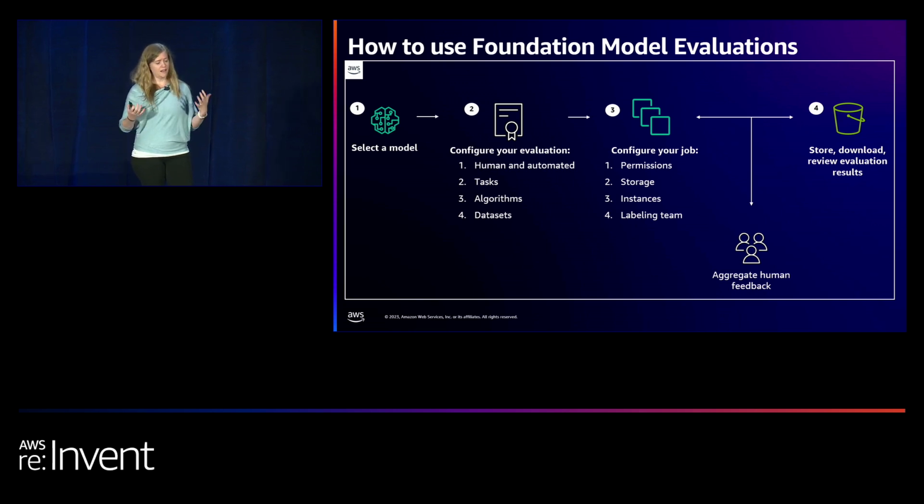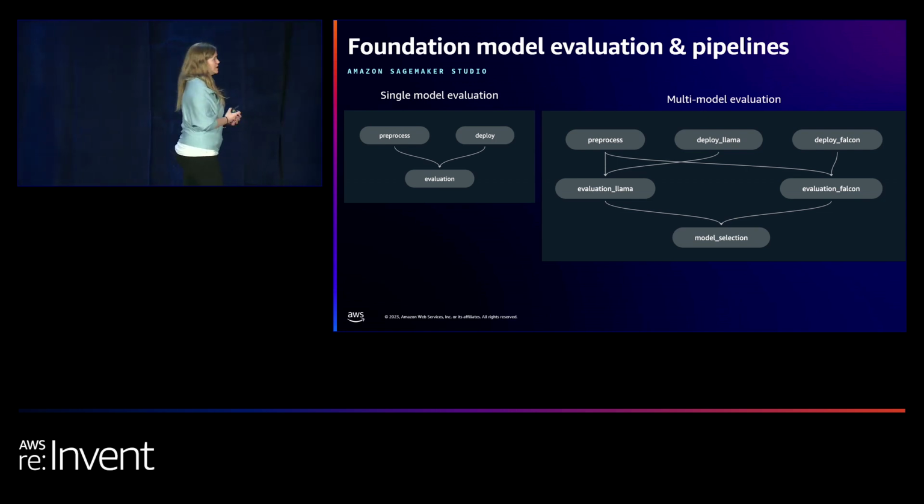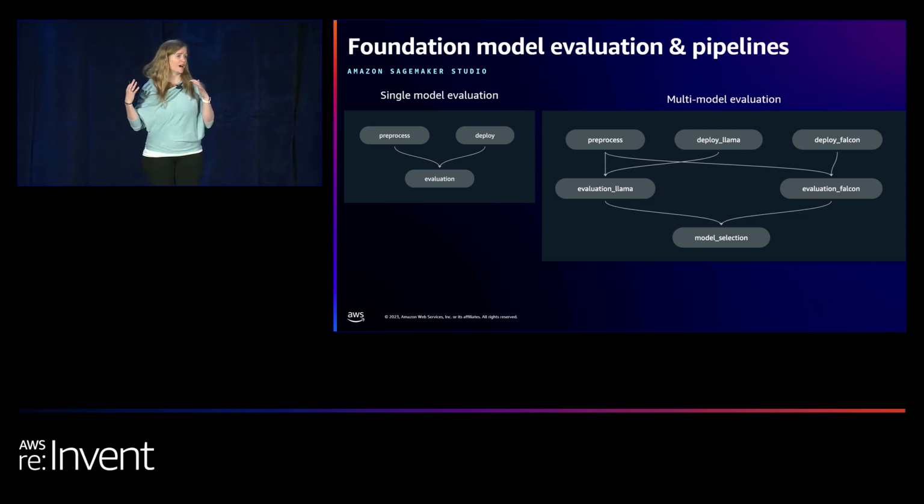So that, at a high level, is how to use foundation model evaluation. I'm going to move into the demo in a minute, and we'll take a look at this. But I have two pipelines to share with you, actually. So in addition to the open source FM eval library, we also have an example library of running the Python library in SageMaker pipelines.